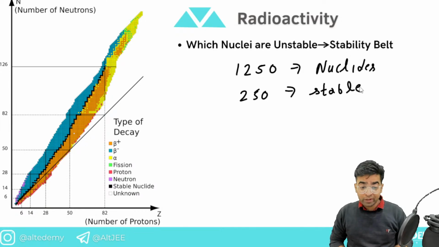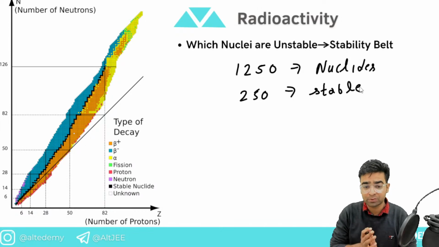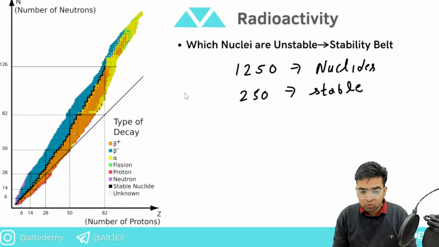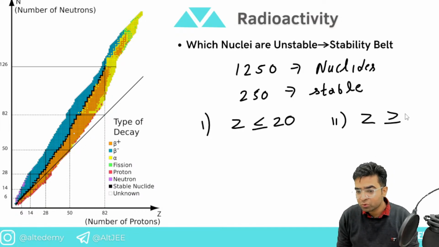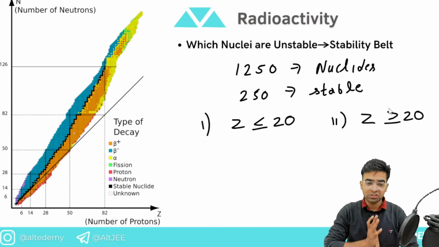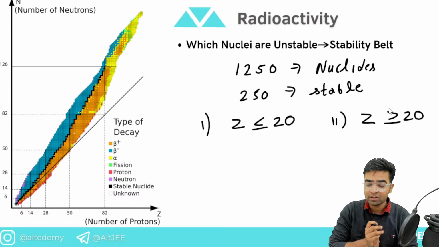Now we are going to differentiate these into two types: first, when Z is lower than 20, and second, when Z is greater than 20.